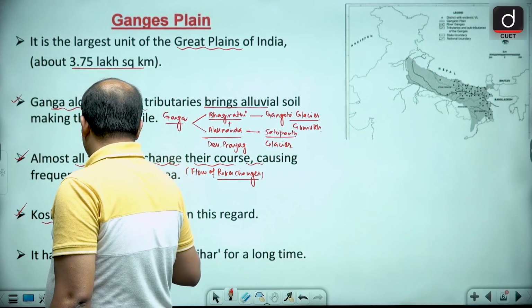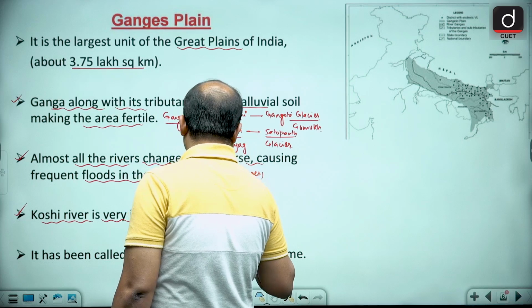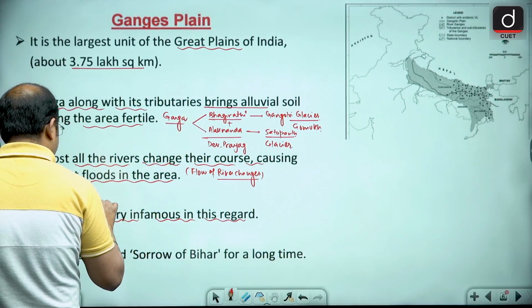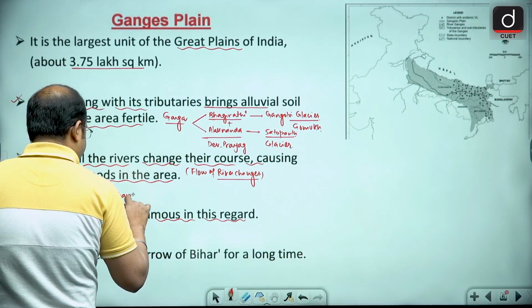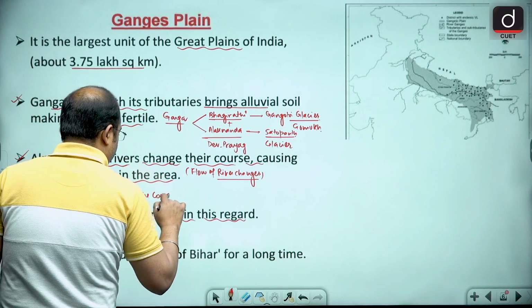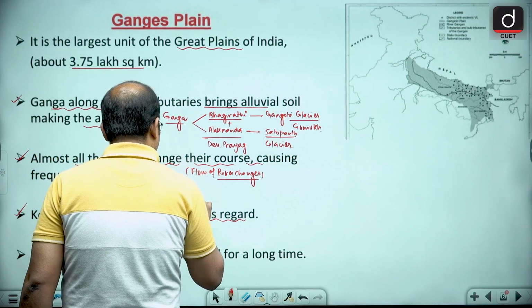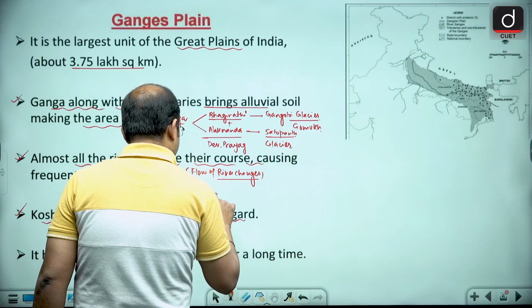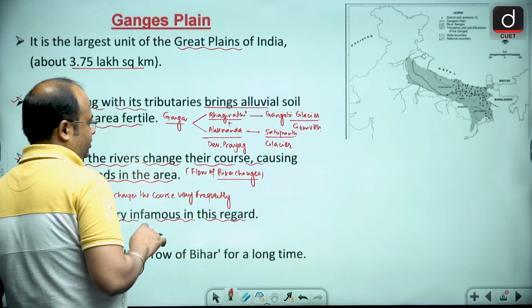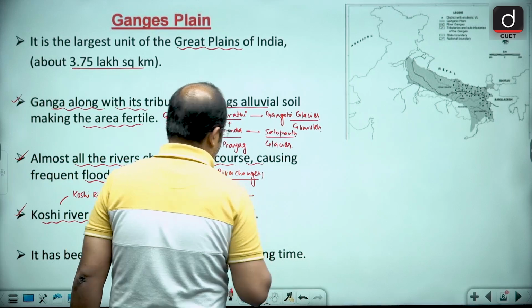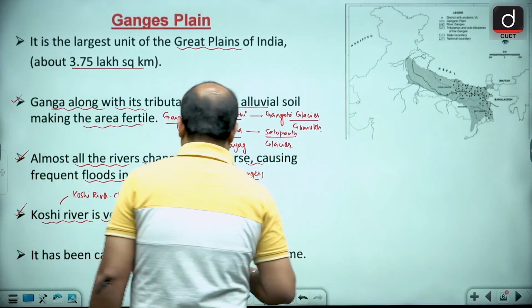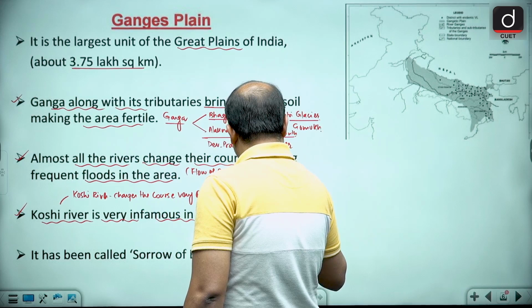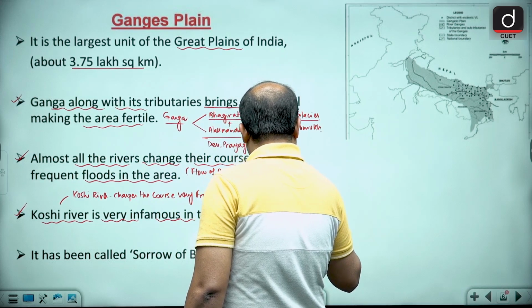The Kosi river is very infamous in this regard: it changes its course very frequently, and due to this, my dear learners, there is always a regular situation of flood.